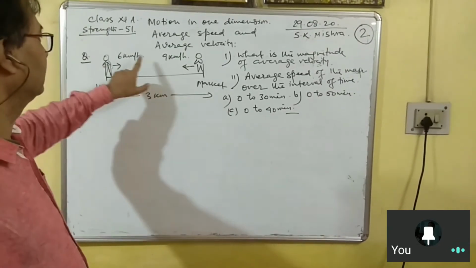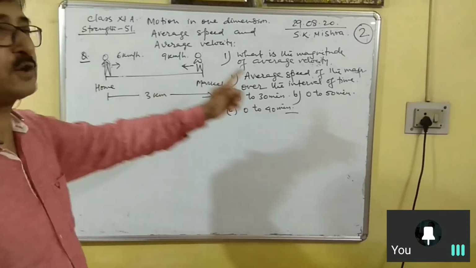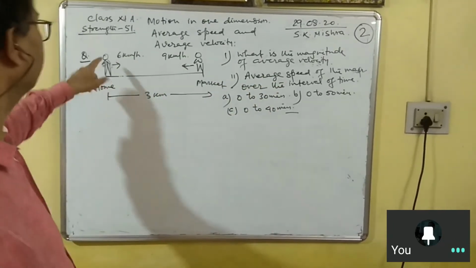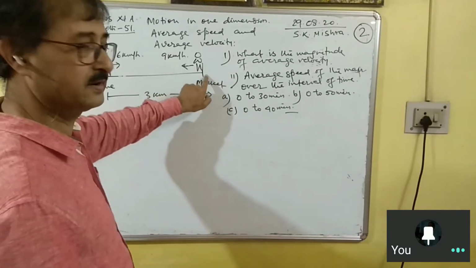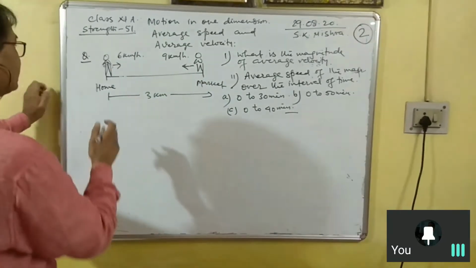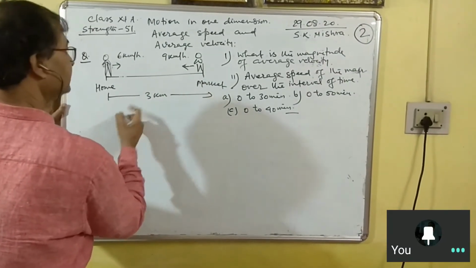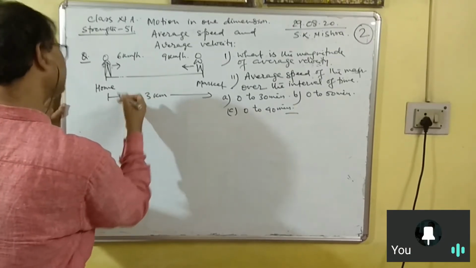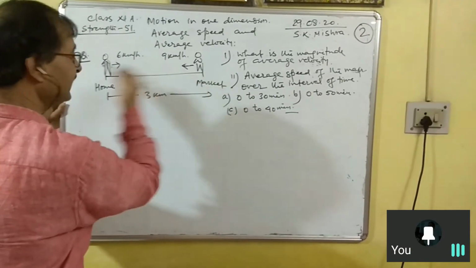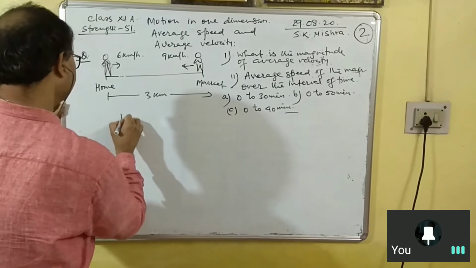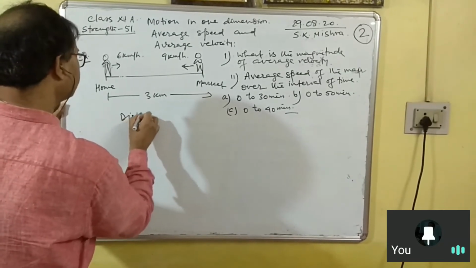In 1 hour he goes 6 kilometer, so in 30 minutes the man will reach the market. Distance is equal to displacement because this is a straight line motion.